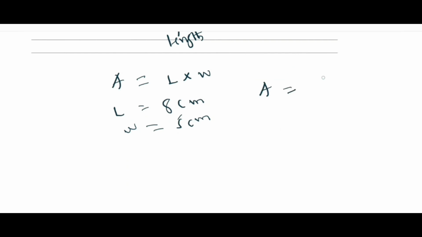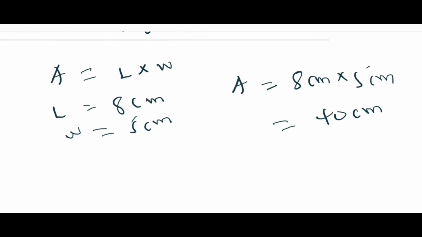Area equals 8 centimeters times 5 centimeters. And 8 times 5 is what? It's supposed to be 40 centimeters squared. Have you seen it?